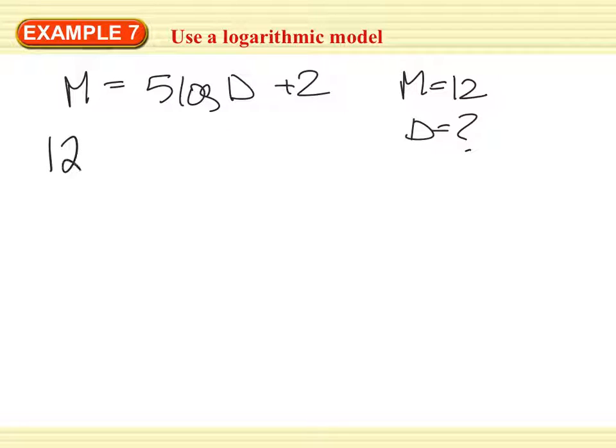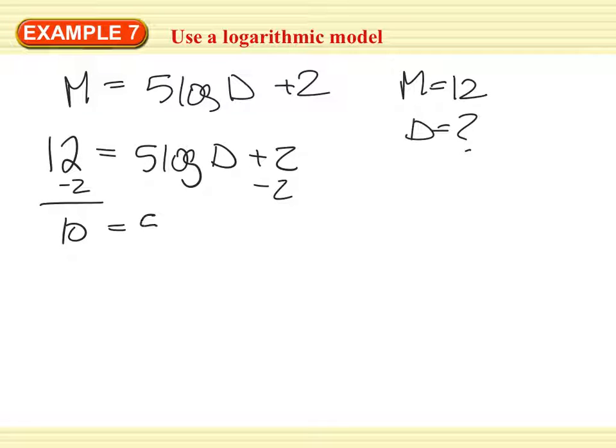So I have 12 equals 5 log d plus 2. I'm going to subtract 2 from both sides, and divide both sides by 5. I need to isolate that variable.